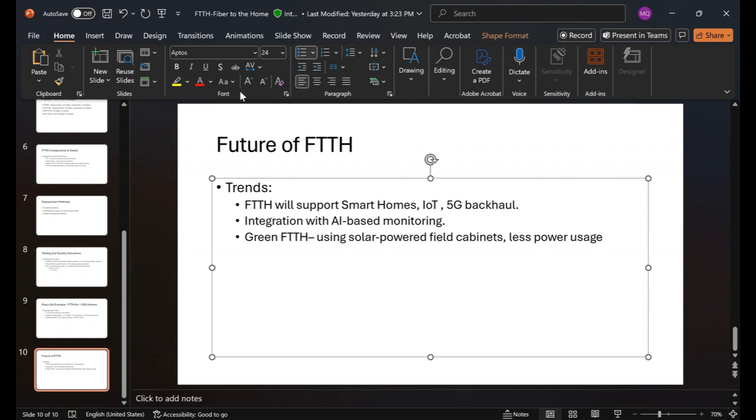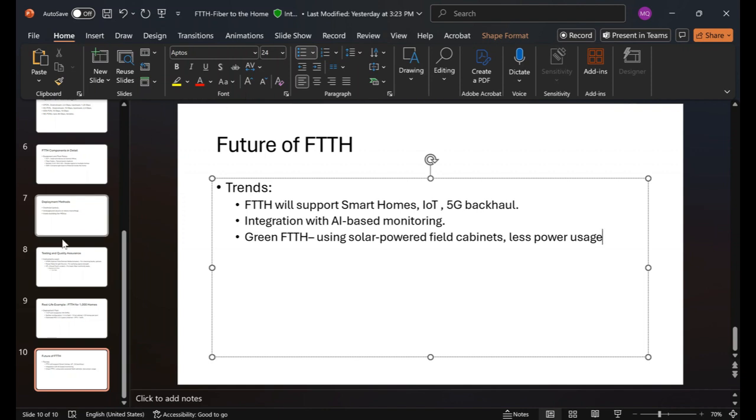Tomorrow's homes will have 50 plus connected devices from your fridge to your car charger. FTTH is the invisible pipe that will handle this tsunami of data or high flow of data.